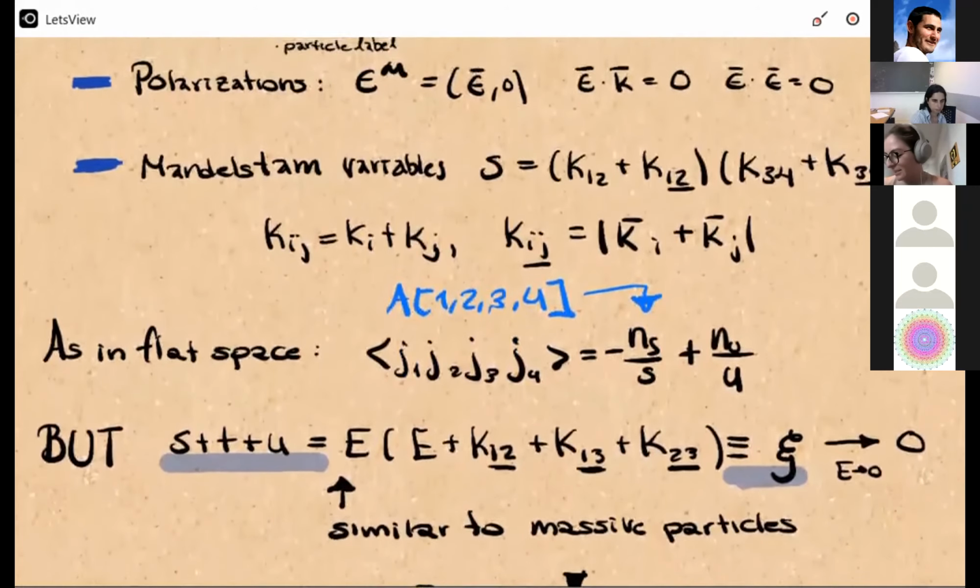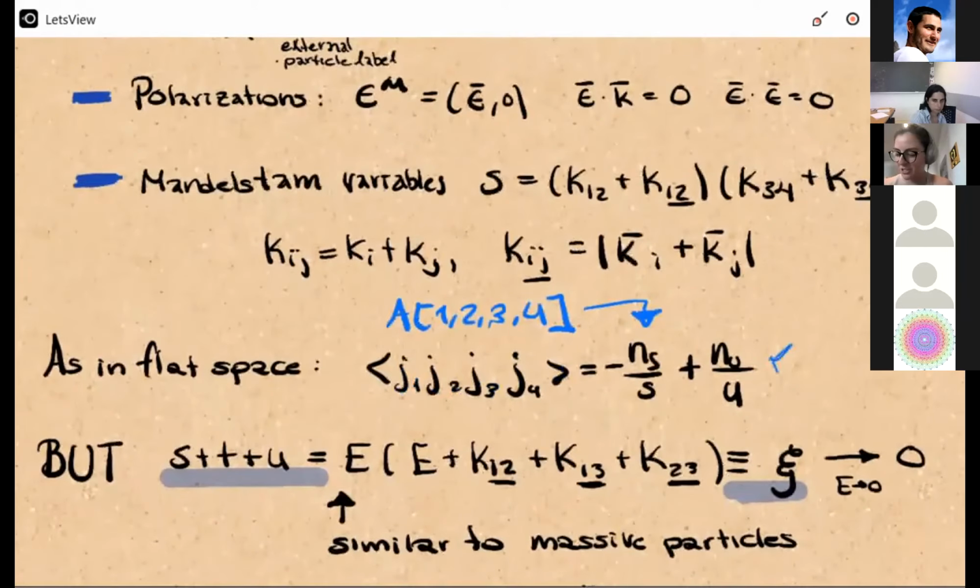So far, this at least looks similar to what you had in flat space, so it gives you hope, but let's start to see what is different.